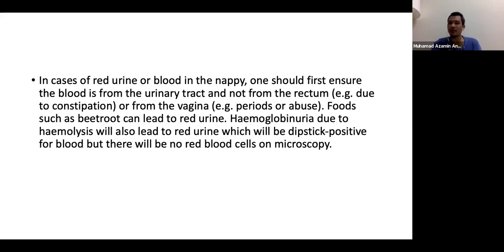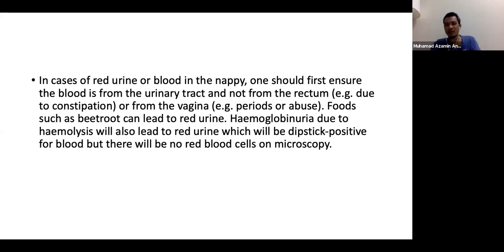Sometimes if you take medication such as cyclosporin or cyclophosphamide, it can also cause red urine. And some supplements such as vitamin B complex can also cause an orangey dark red color of urine.